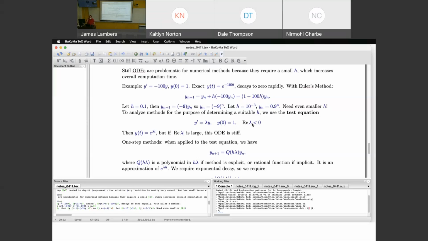But if the real part is large in absolute value, then the ODE is stiff. So it has that rapid decay to 0.